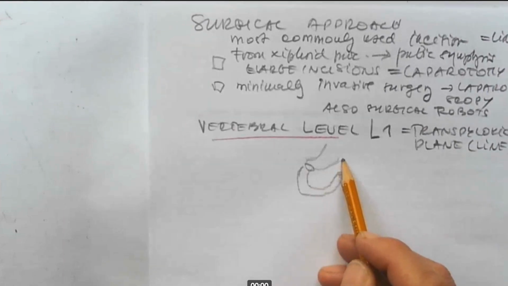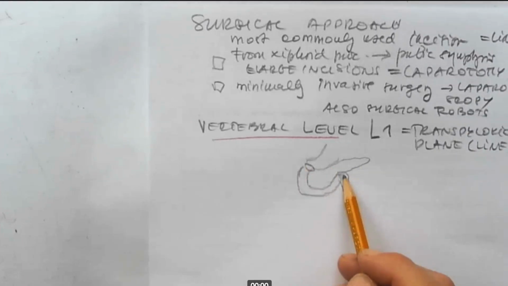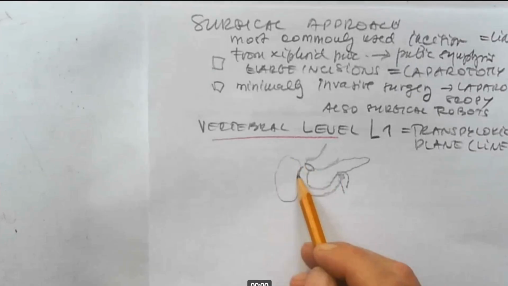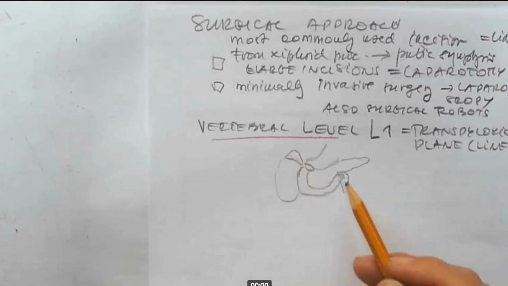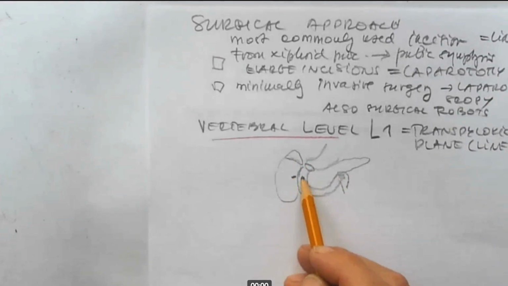Here we see the pancreas in the loop of the duodenum, then drawing the position of the right kidney with the suprarenal gland. There is the hilum of the kidney.